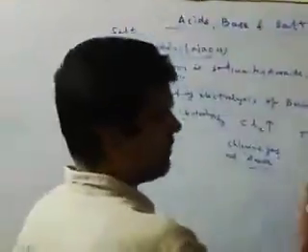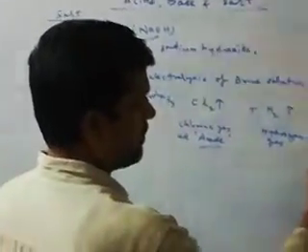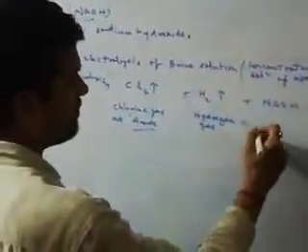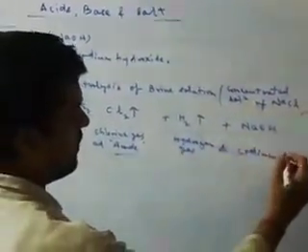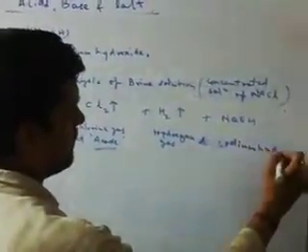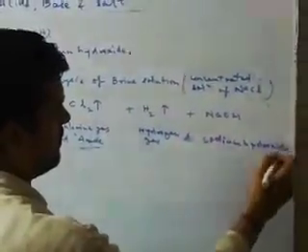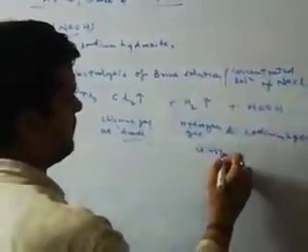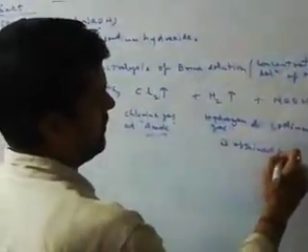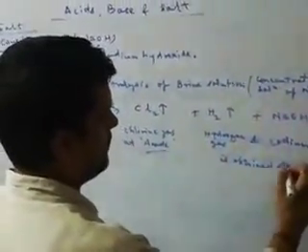So hydrogen gas and sodium hydroxide are obtained at the cathode.